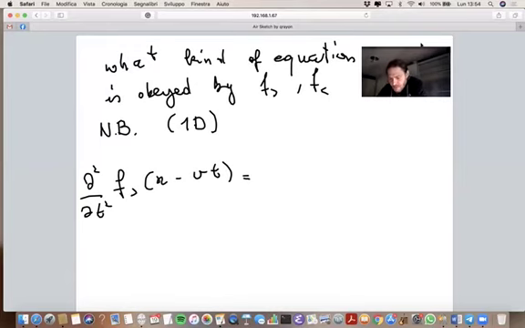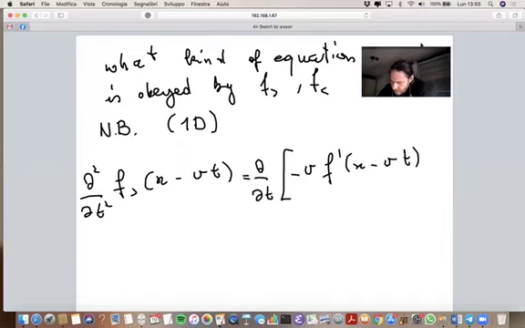And if I take the second derivative, well, let's do it stepwise. I get the first derivative, and when I take the first derivative with respect to t, I get a minus v. So f prime is the derivative of F bigger with respect to its argument, let's call it z. And then I have to differentiate the argument with respect to t.